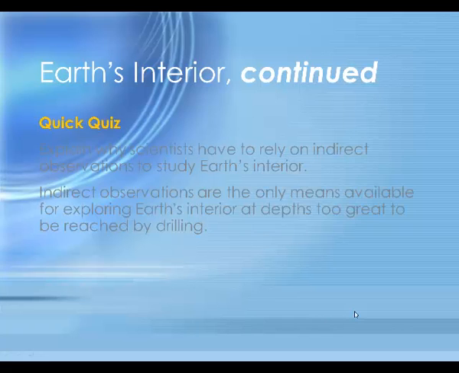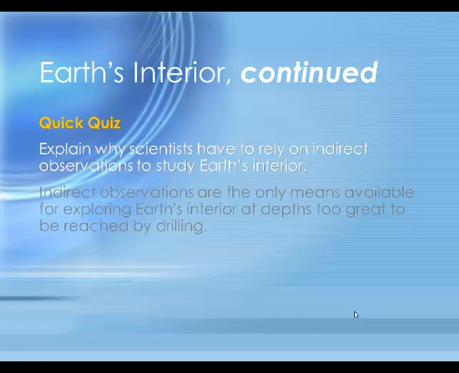So, quick quiz. Explain why scientists have to rely on indirect observations to study Earth's interior. Why is it that we have to come up with some reasons or some ideas about what's on the inside of the Earth indirectly instead of directly? Okay, the depth is very hard for us to drill that deep.